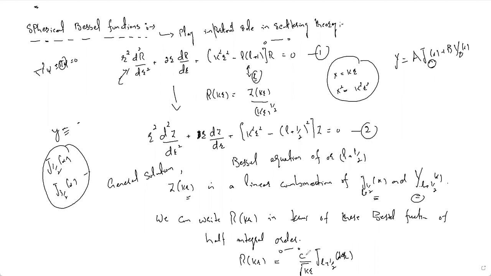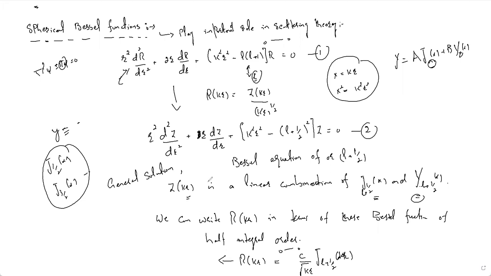This is a normalizing factor actually. Now, this R part describes the radial function in spherical coordinates. When I separate the Helmholtz equation in spherical polar coordinates, this R part describes the radial function. That is the reason we call them spherical Bessel functions.